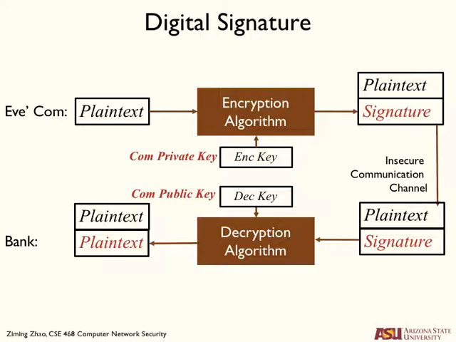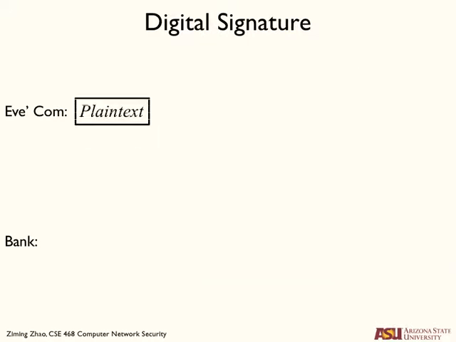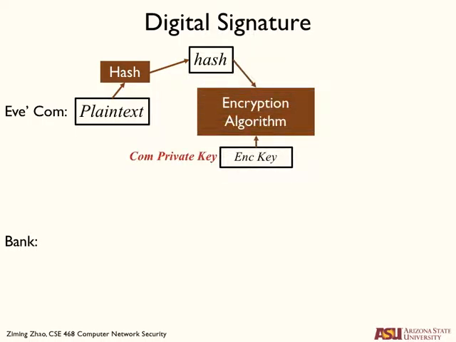So a better way to do this is that Eve's company will first run a hash function on the plain text. Even if you have 1 TB of data, you will only get 128 bits of hash value. Then you sign this hash value, not the plain text, with the company's private key.